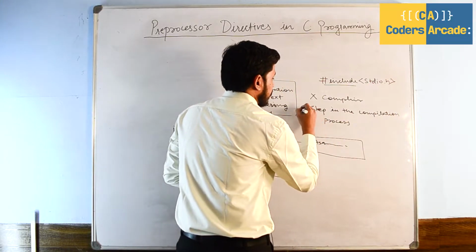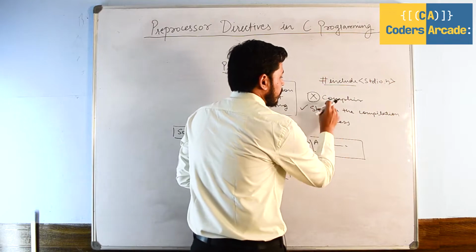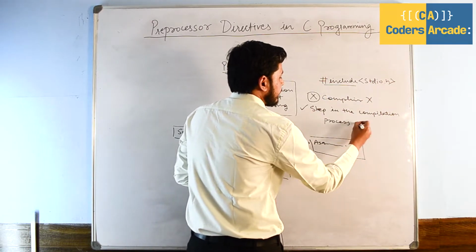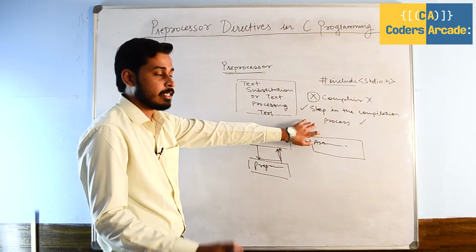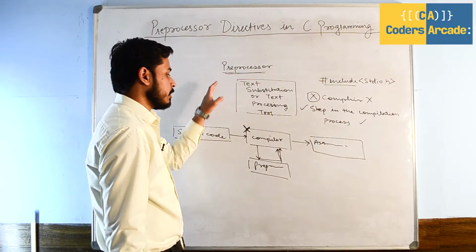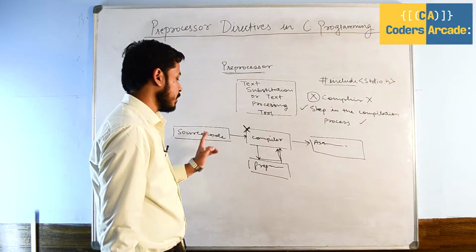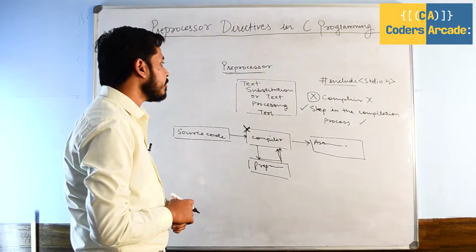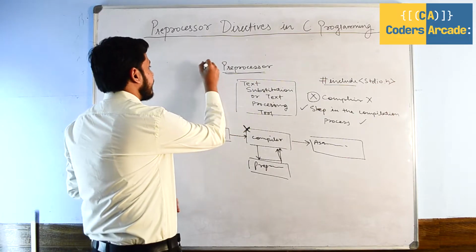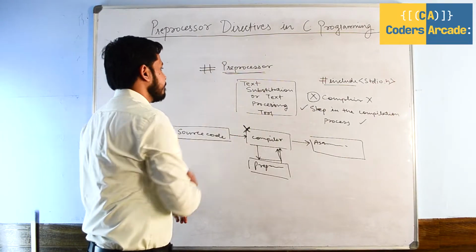Got it? That is very important, because the preprocessor first preprocesses the source code, and then it goes to the compiler. A preprocessor directive always starts with a hash symbol.